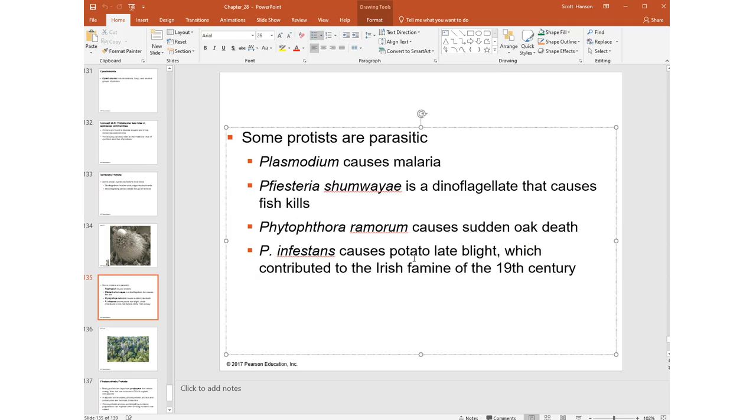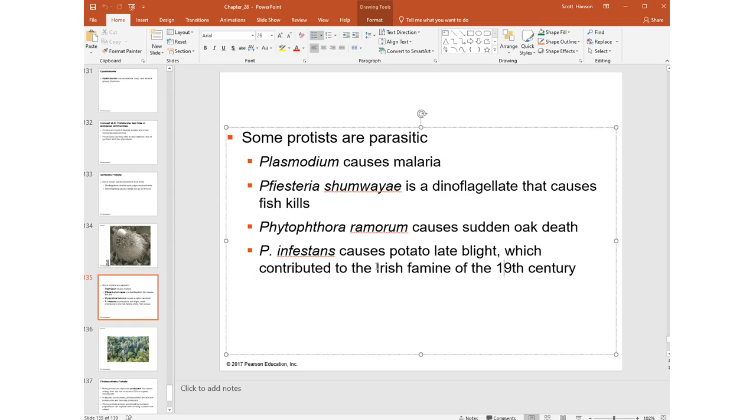And that was an important contribution to the Irish potato famine in the 19th century, especially in the 1840s. Basically a third of all Irish people immigrated to the United States in the 19th century because of the terrible potato blight that was going on in Ireland at that time.